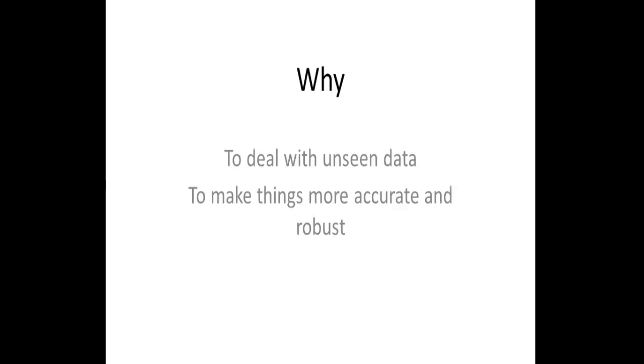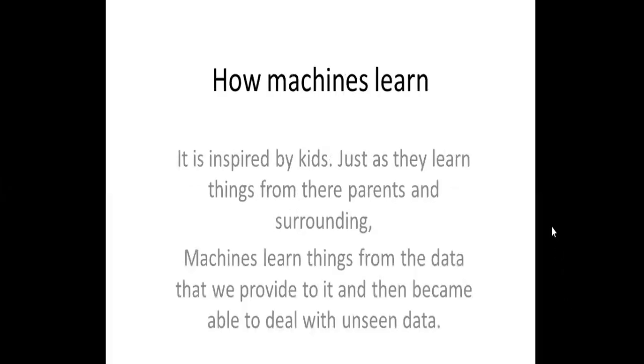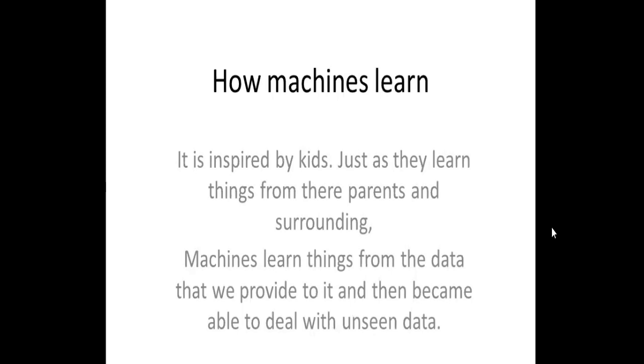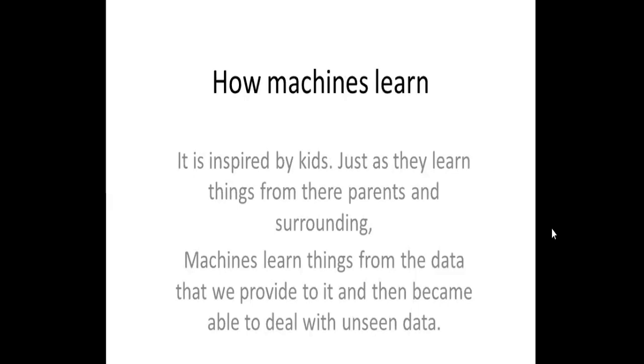How do machines learn? Machines are basically inspired by kids, who learn from their parents, siblings, and surroundings, basically from their environment. Our machines learn from the data that we provide.